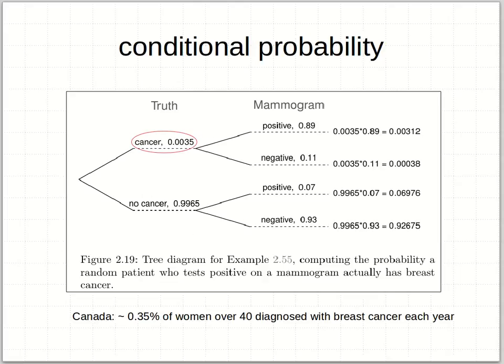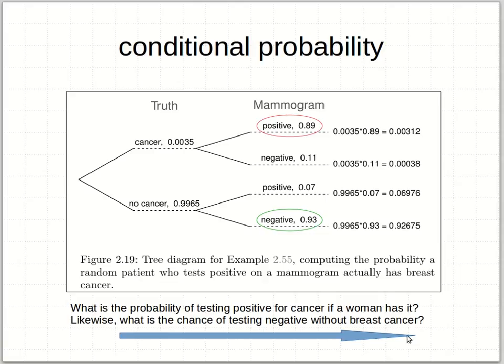Okay, so all of these probabilities, if you look at this tree, are as if we are flowing from knowing the truth and working our way down through the test to calculate the probabilities of each of those alternative outcomes, right? In reality, of course, we don't actually know that information. It's not actually flowing downstream this way, where we already have a truth and then evaluate that with a diagnosis.